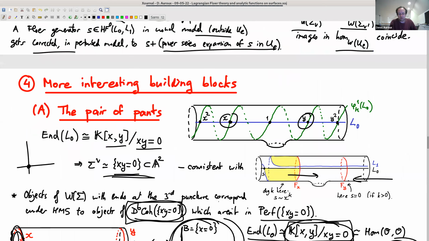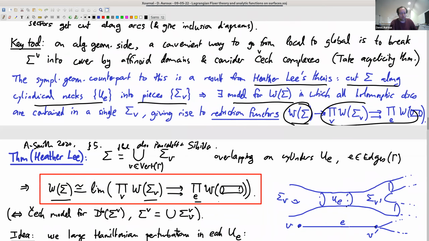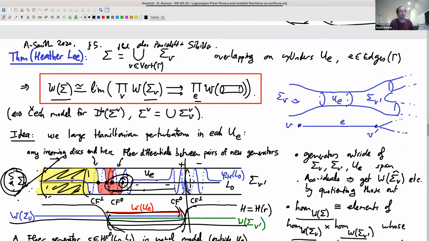This restriction principle so far only works for actual one-dimensional cylinders. I have a student working on extending that to more general fibrations over things that have cylindrical necks or products of cylinders and so on. So I think it's possible to extend this, but so far this is only understood in one dimension.